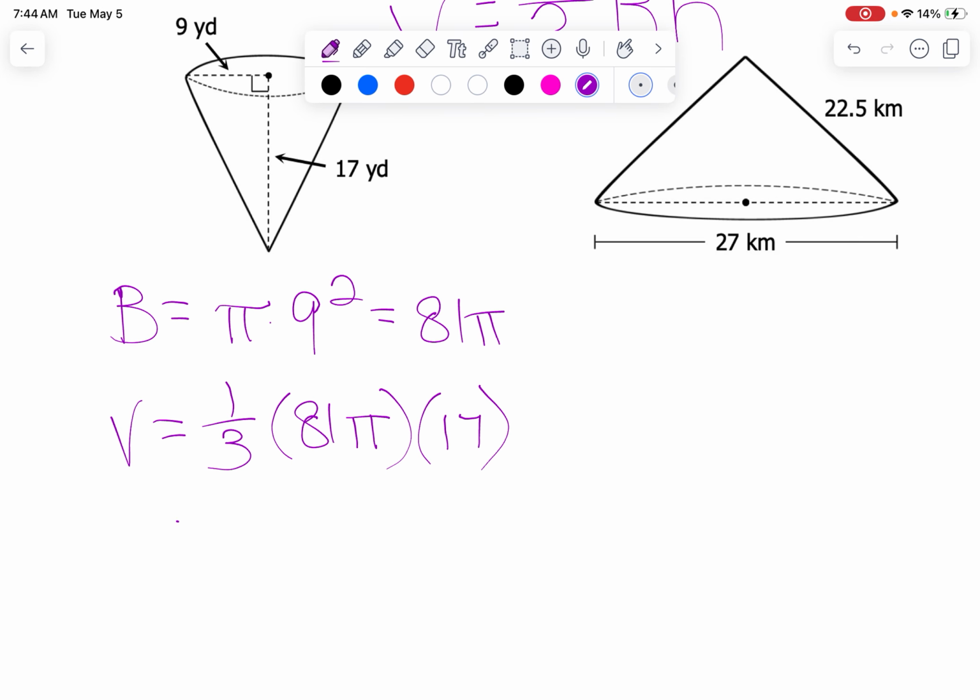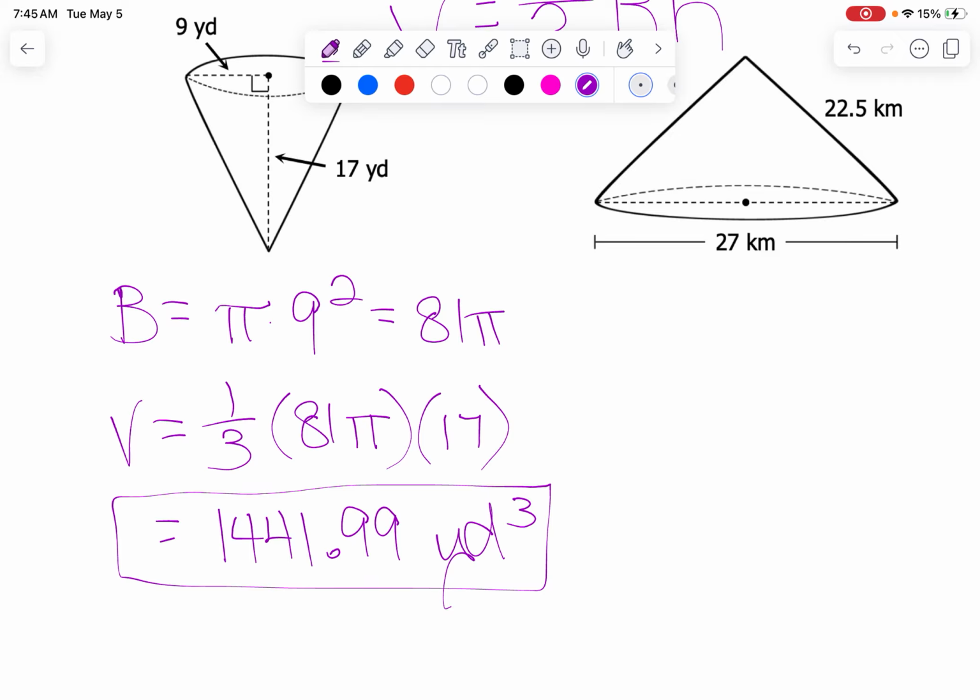Go ahead and type that in, and I got 1,441.99 cubic yards.